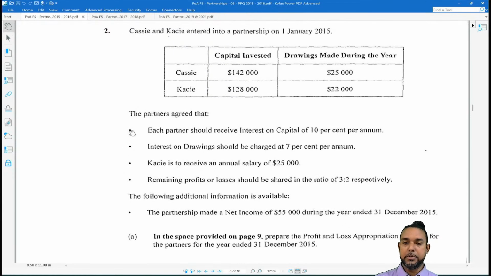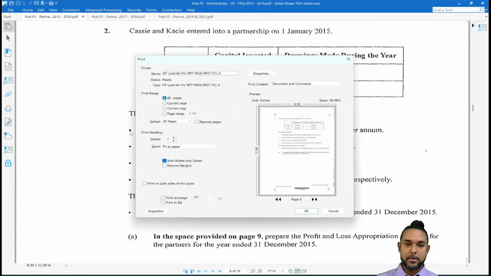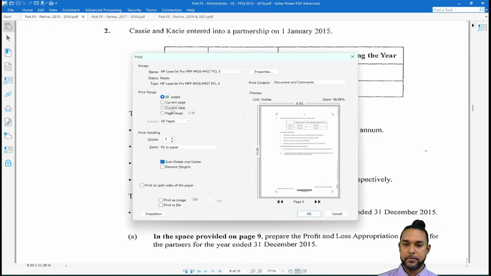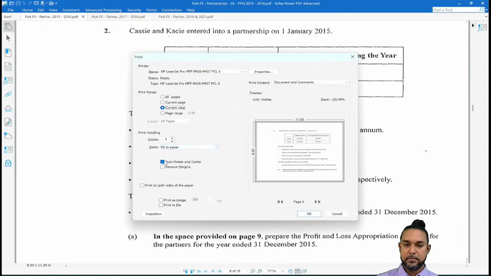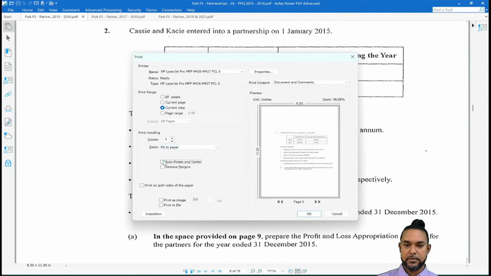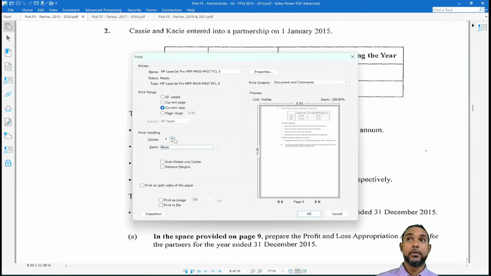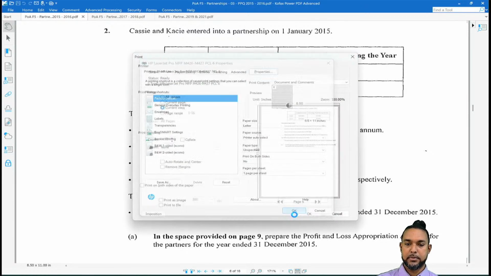All right, so what I'm going to do is print this question out again for everybody. No, I want the current view. Yeah, that's actually what I want. That could work. Okay, 1, 2, 3, 4, 5, 6, 7, 8, 9, 10. Okay, cool. So I will do 12 copies. Give me 1 second, let me make sure.